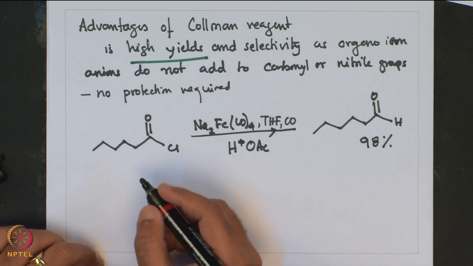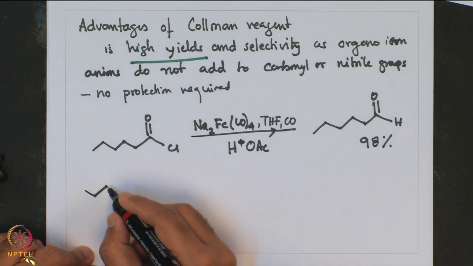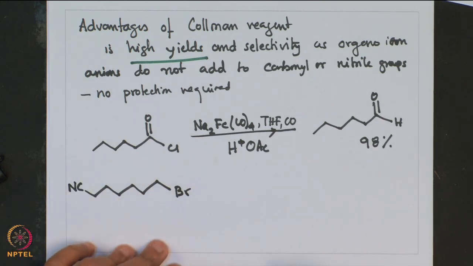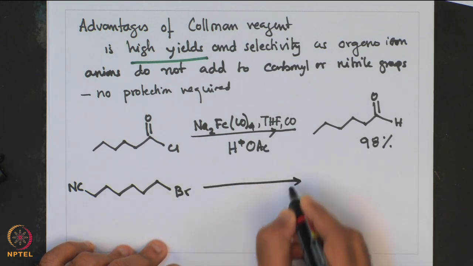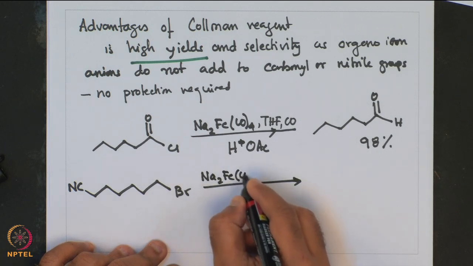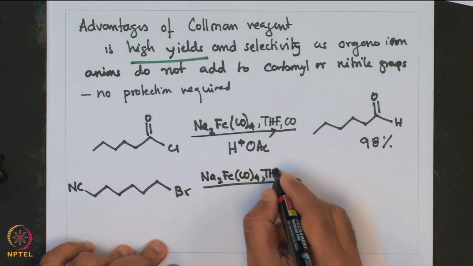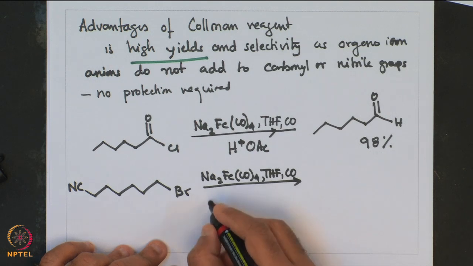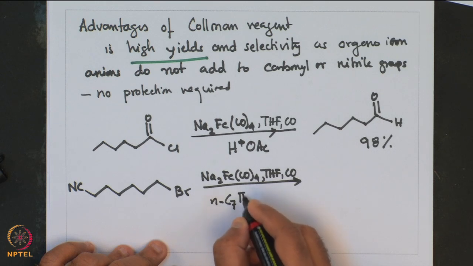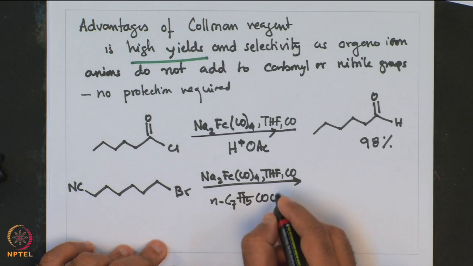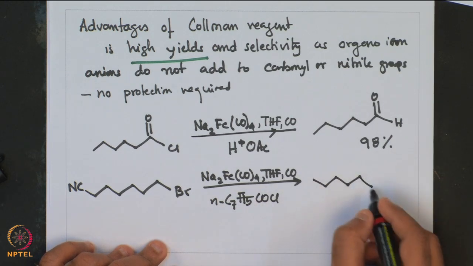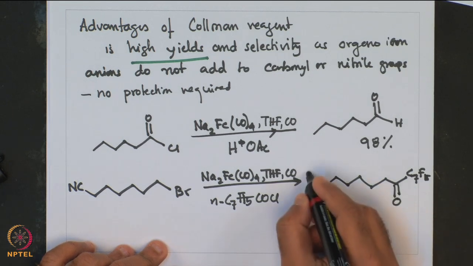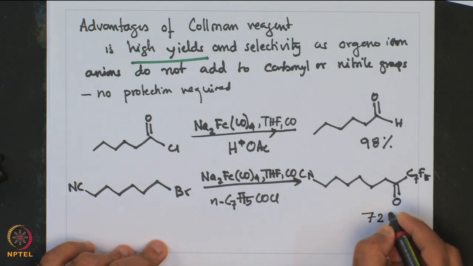Similarly, the reaction of this bromonitrile reagent with Na2[Fe(CO)4] in THF under CO, and when treated with acid chloride C7F15Cl, produces this ketone nitrile in 72% yield.